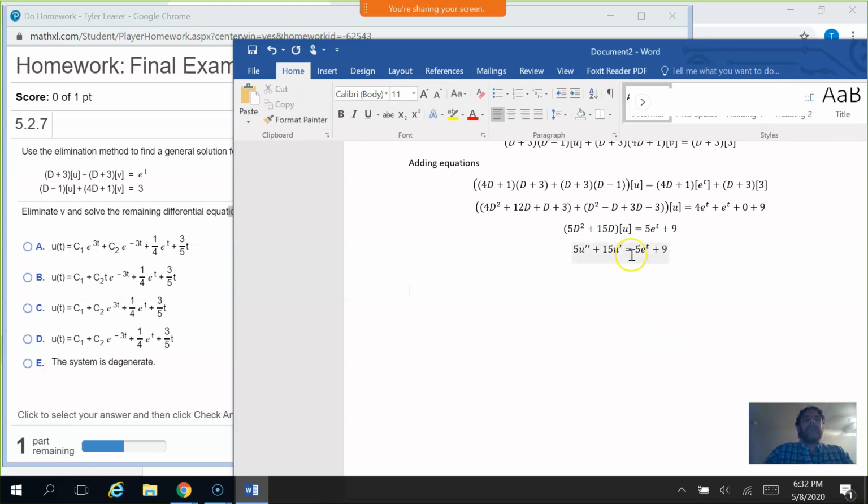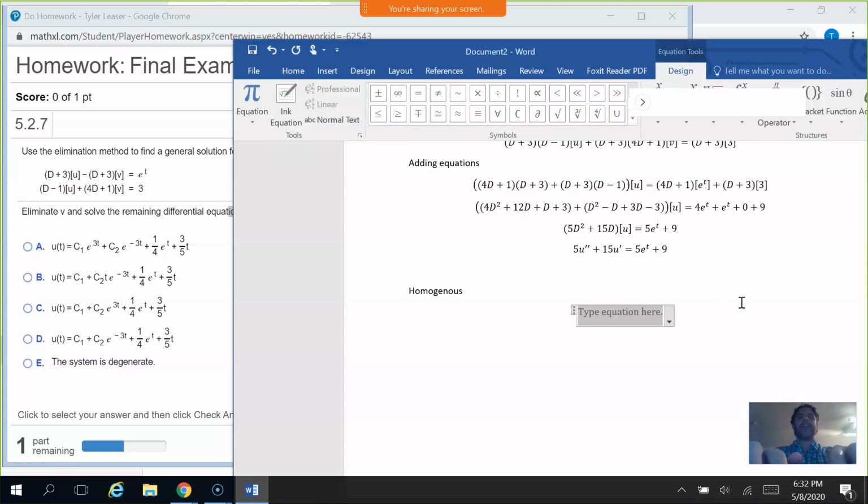Now, you want to solve this using whatever method you need to solve that. Unfortunately, there's two terms here, so we're going to have to do chapter 4 stuff, and we're going to do the homogeneous solution. We're going to have to do the undetermined coefficient solution for this one, and the undetermined coefficient solution for the 9 as well. So first, the homogeneous part.